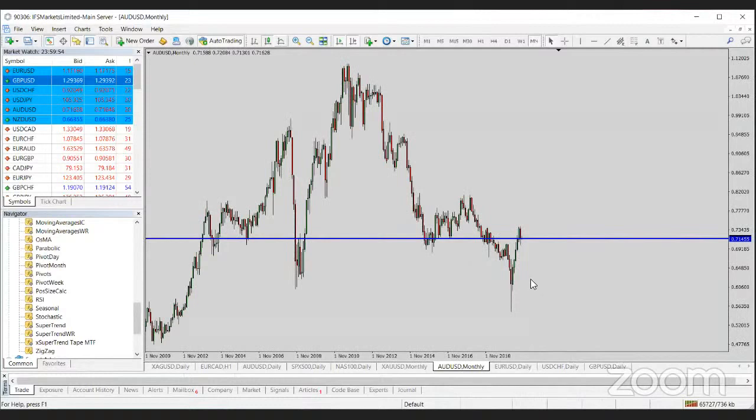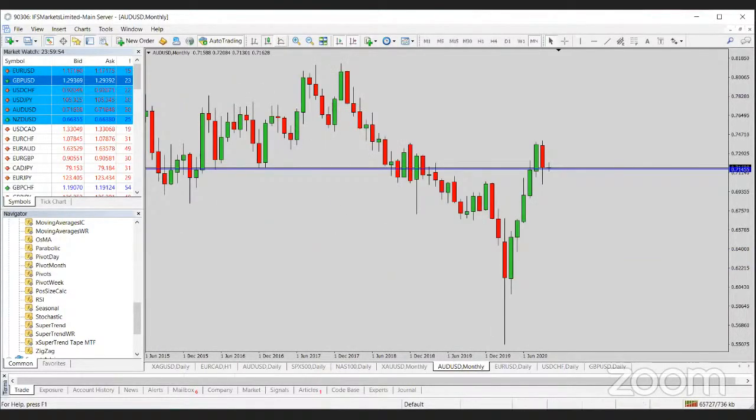So here on Aussie dollar, again, I've got my key level drawn in at this strong level of what has been support. It was support back in 2016, 15, 14, all the way back in 2004 as well. We've got a strong monthly level of support. And price is pretty much sitting at that level right now as we speak.